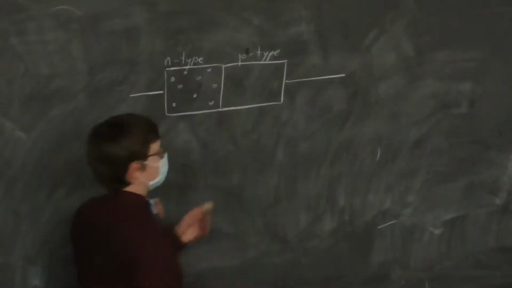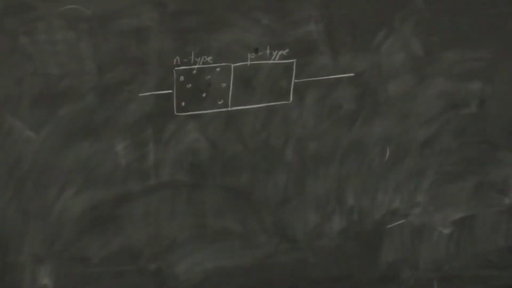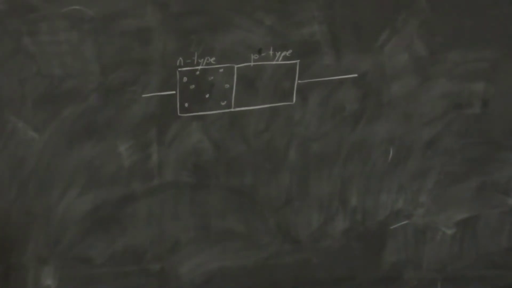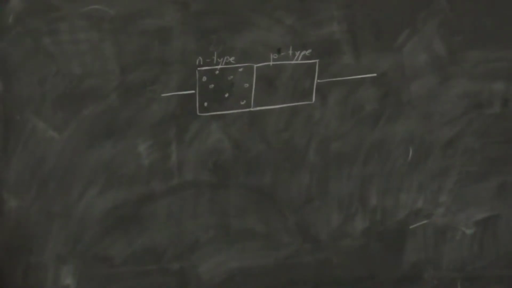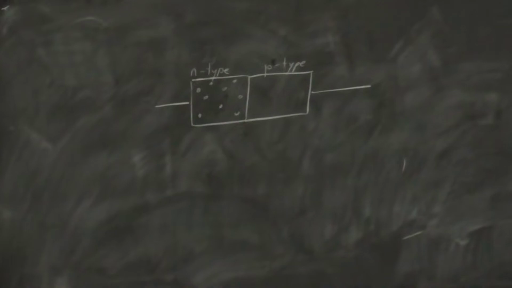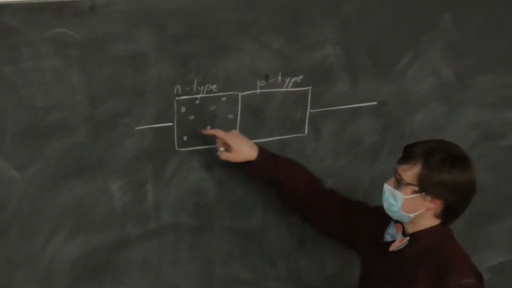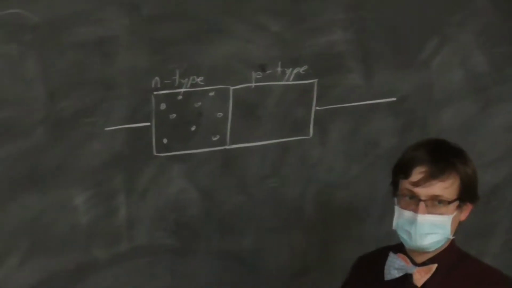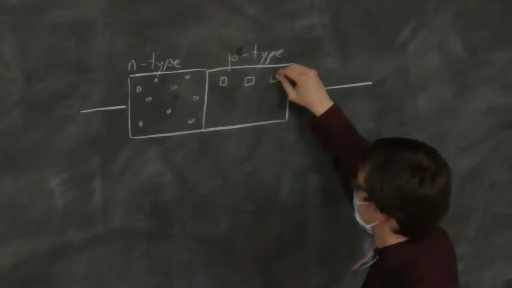In the case of p-type, what you have is, well, they call them holes, but it's like gaps in the orbital structures of the atoms where the electrons should be, right? I know I did these as circles, so I know it doesn't make any sense, but I'm going to do them as squares. So holes are squares, right?